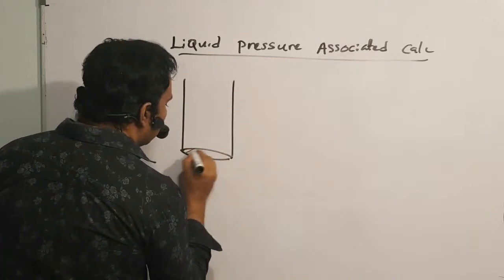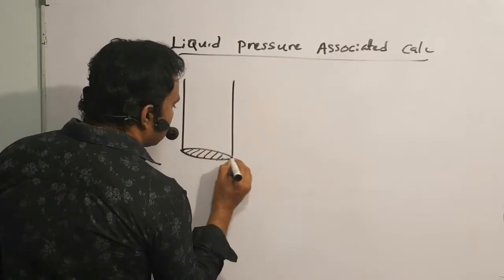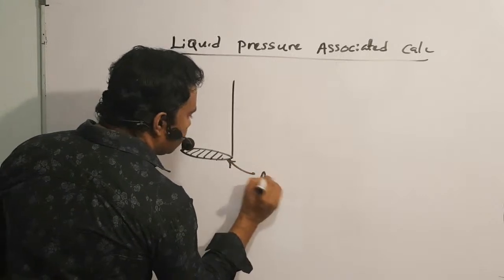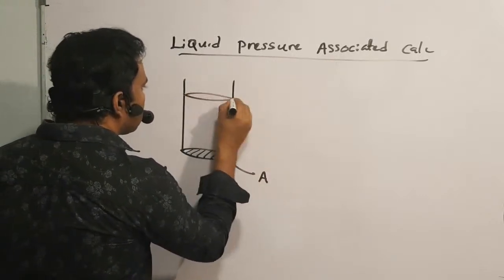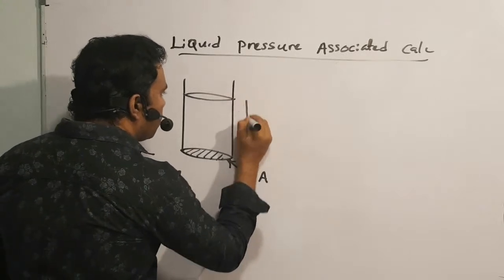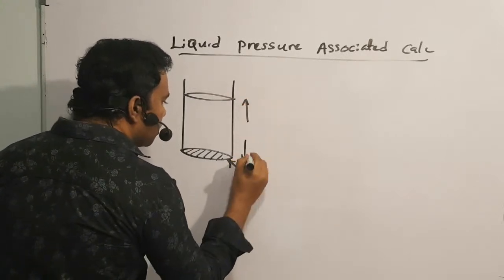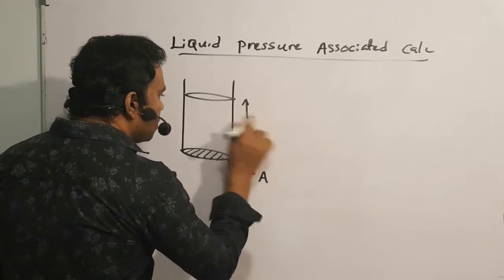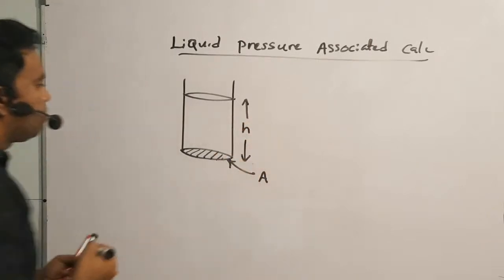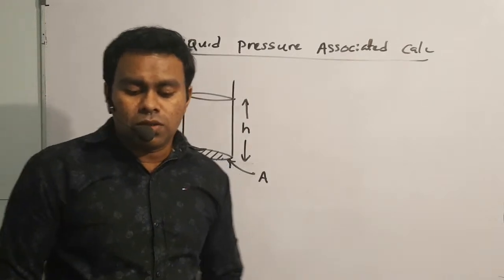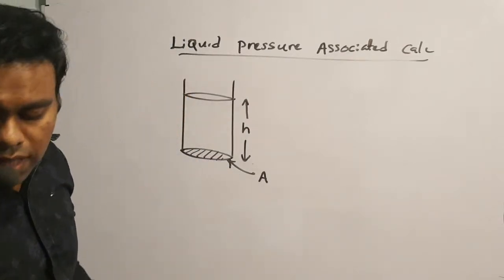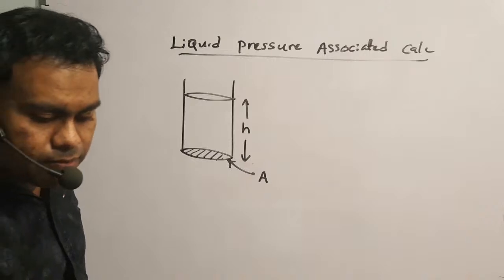Okay, for this calculation, so this is area. This is the height of water column or whatever the liquid column. So this is height. Okay. So before that, you have to know another theory.